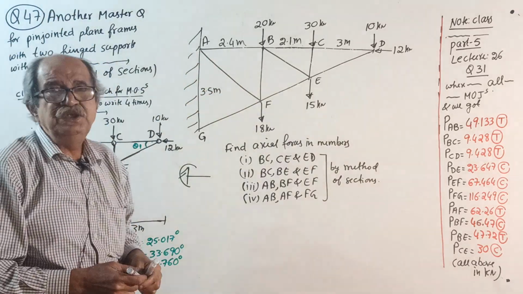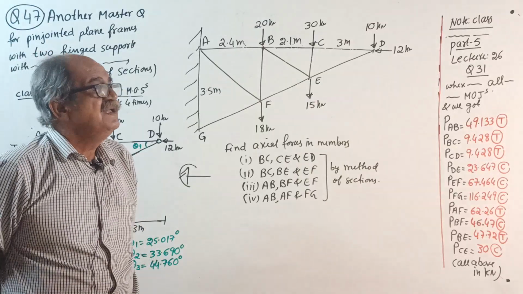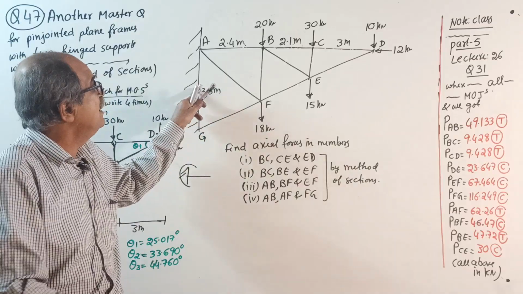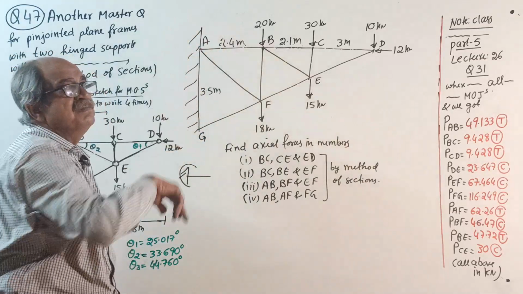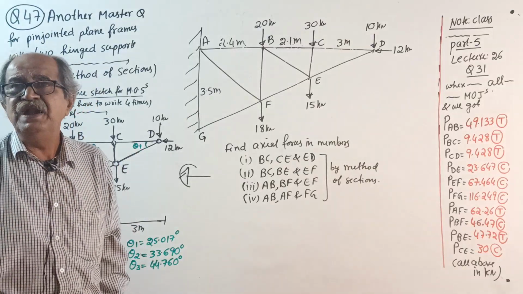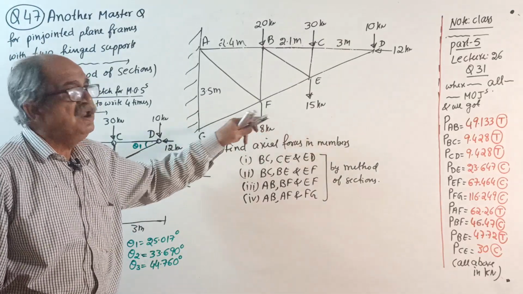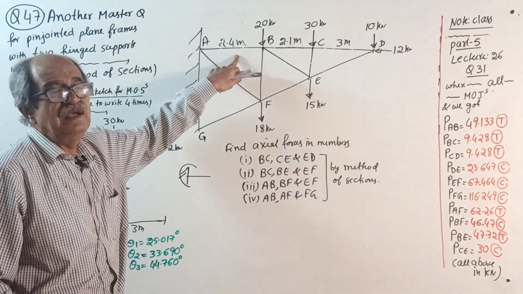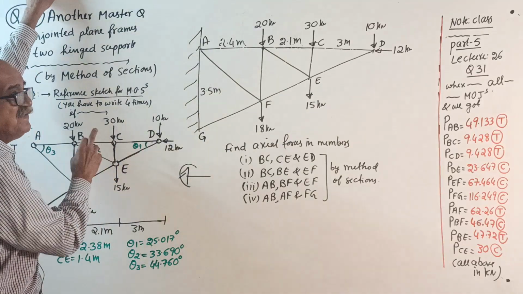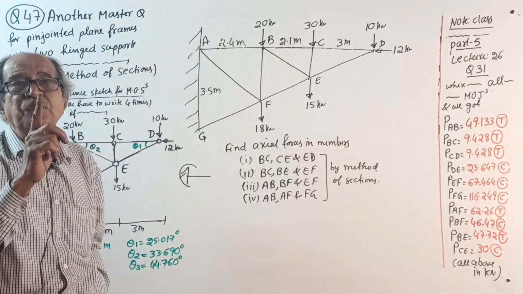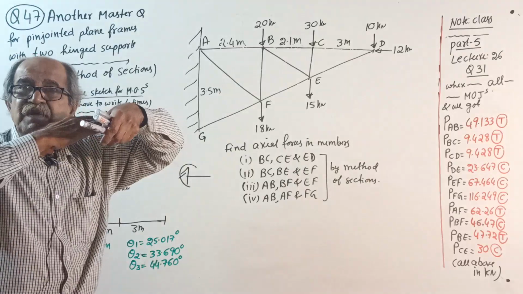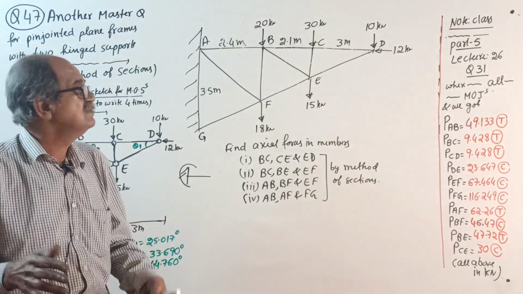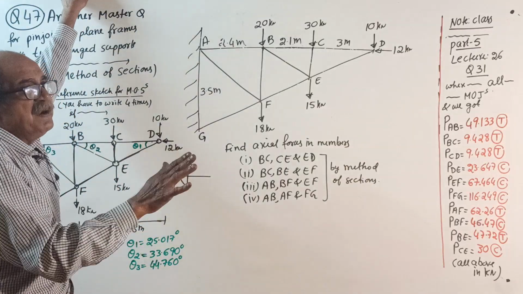First of all, in pin jointed plane frames, fixity will not come, because if fixity is there, a reacting moment will come. Then bending and shear will come, which we don't consider. Of course, each member pinned at the ends will bend and shear due to self-weight, but that is ignored here.